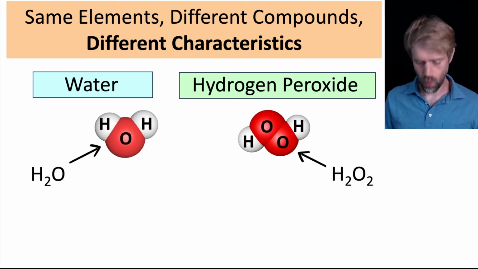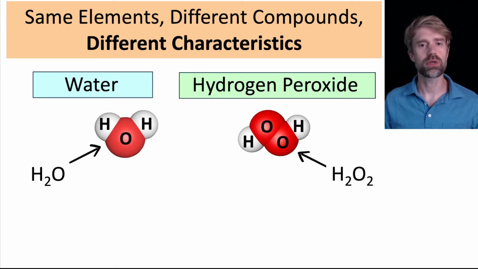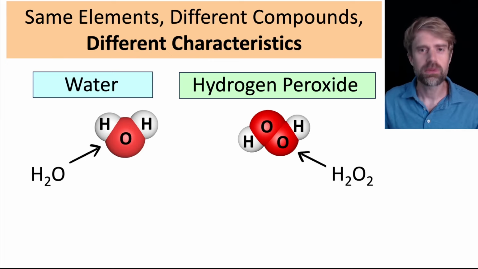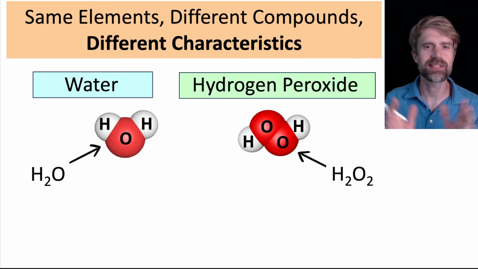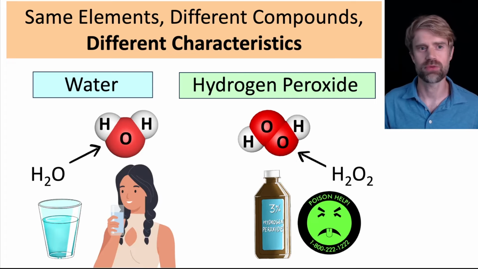Now, water and hydrogen peroxide may seem pretty similar. They're both made of the same 2 elements, hydrogen and oxygen, but the number of atoms isn't the same. Hydrogen peroxide has 1 more oxygen atom than water does, and that makes all the difference.